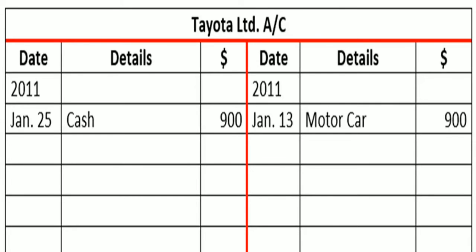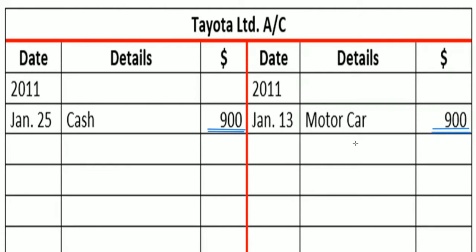On the debit, we have $900. On the credit, we have $900. So it simply means that there's nothing for us to do, basically. All we're going to do is to just put a double line below those values because they're actually the same.